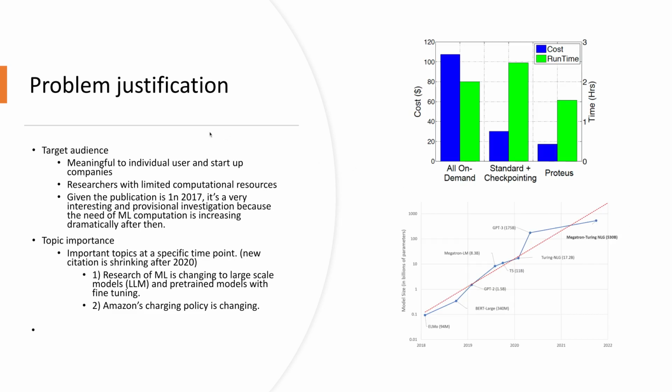And for this paper, the target audience might not be large companies with exclusive computational resources, but individual researchers or small-scale startup companies, for whom it is not reasonable to buy hardware. So this may be a very interesting topic for them.